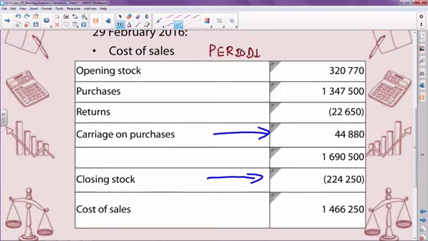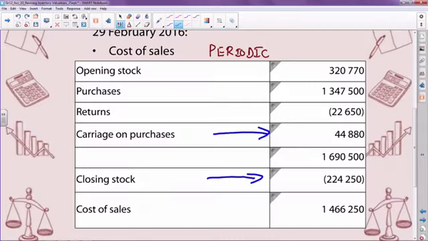When we are using the periodic system, we have to calculate our cost of sales, starting with the opening stock, plus your purchases, less your returns, add other expenses on purchases. In this case, there's only carriage. You may have had import duties or customs duties. Add it all together, subtract your closing stock, and that gives you your cost of sales. Got it? Brilliant. Let's move on.